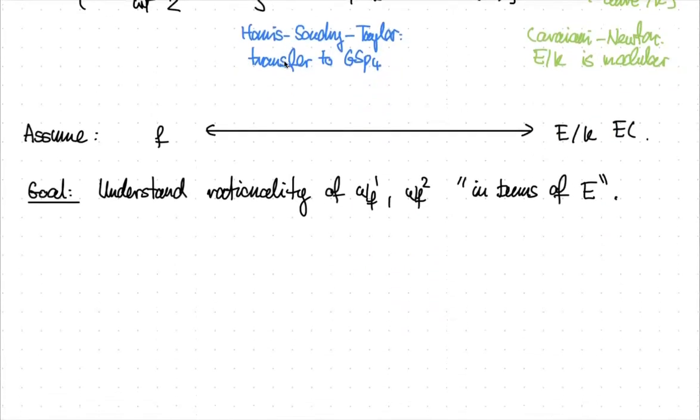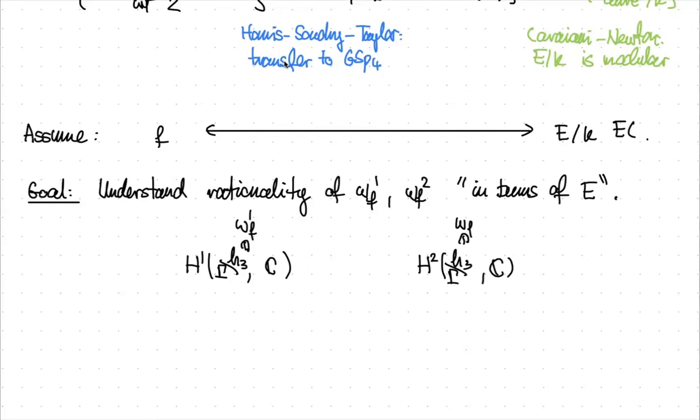Okay, so let's just draw a little diagram. So we have this H3 mod gamma with C coefficients, right? And over here we had the class omega f1. Sorry, I'm not giving myself enough space. Okay, and then somehow there is this H2, H3 mod gamma C, and here we have the class omega f2.